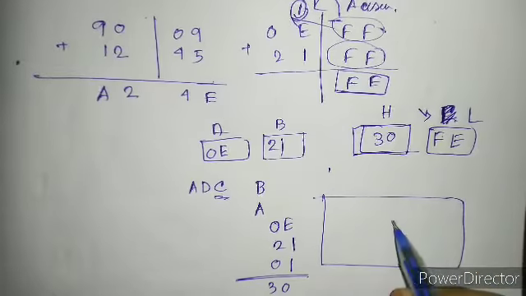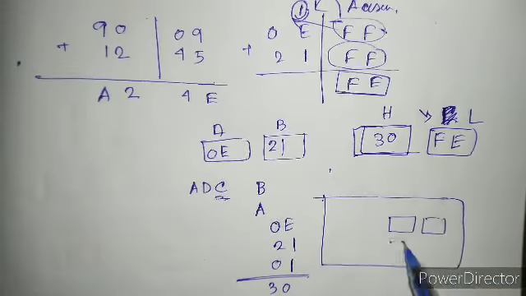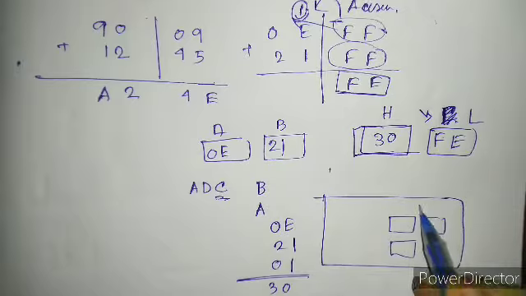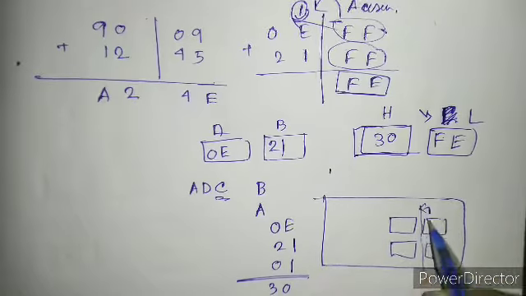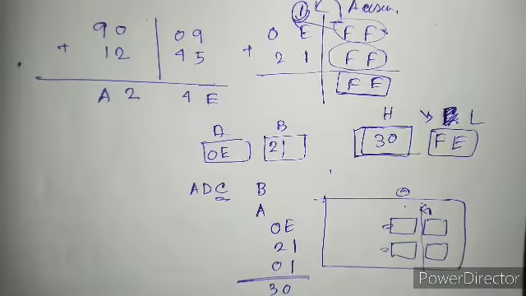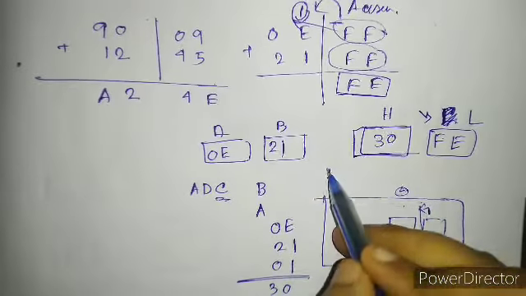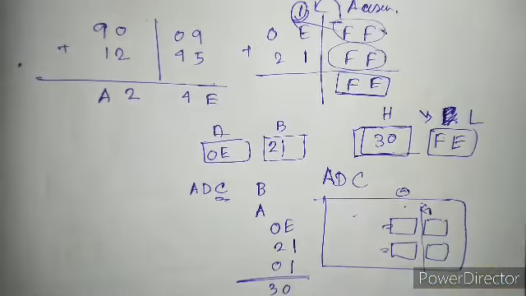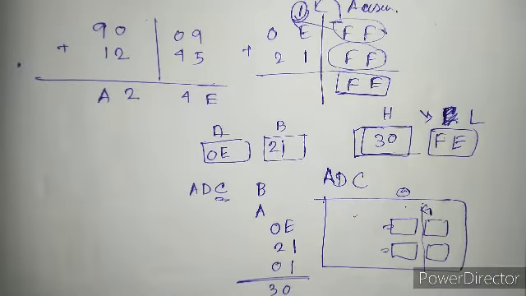Let me give you a quick recap. In any case, we are adding two 16-bit numbers with two register pairs. If any auxiliary carry is produced, obviously we have to add that carry with these two registers. In that case, we can apply the ADC instruction. Same thing goes with borrow also.